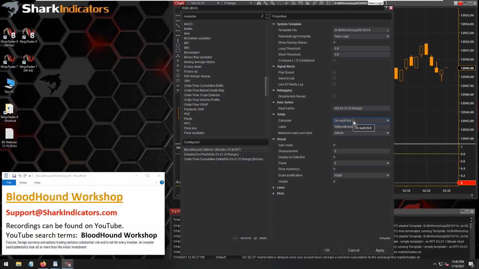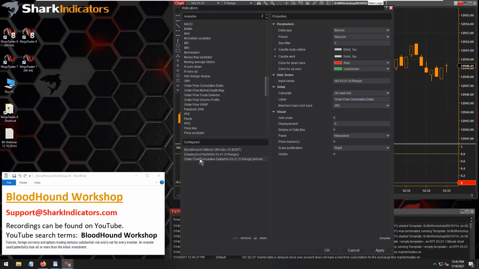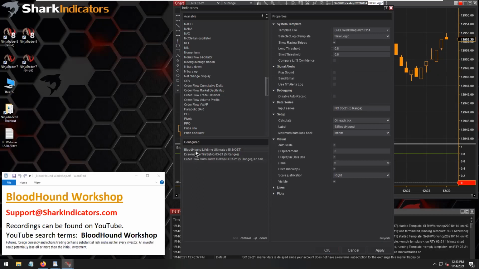So you cannot mix and match calculation modes within NinjaTrader. If you're using an indicator that requires calculate to be on each tick inside of BloodHound, then NinjaTrader requires that BloodHound also run with calculate on each tick.